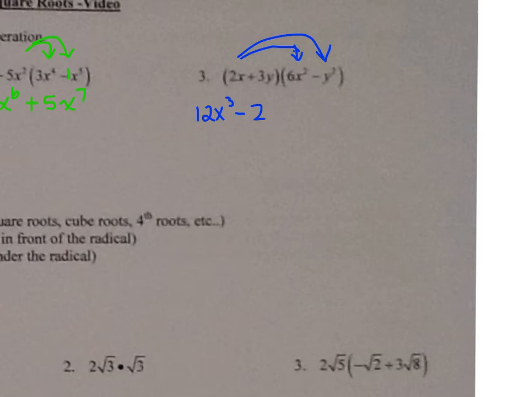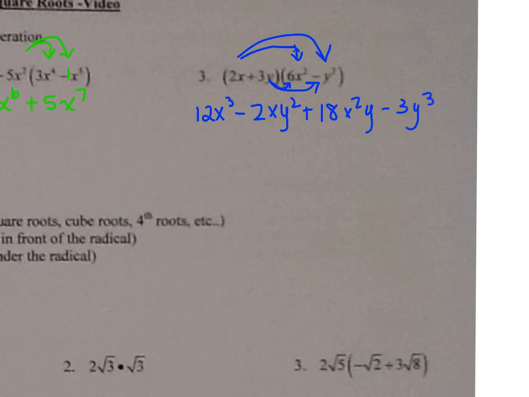So it would be 2xy squared. And then we have 3y times 6x squared is positive 18x squared y. If you put y, x squared, same thing, no big deal. And then we have 3y times negative 1y squared is negative 3y to the third.